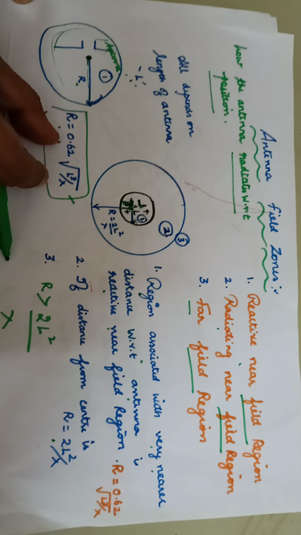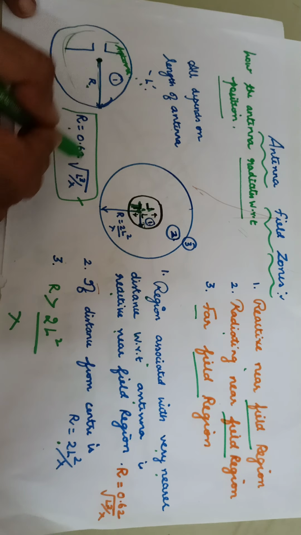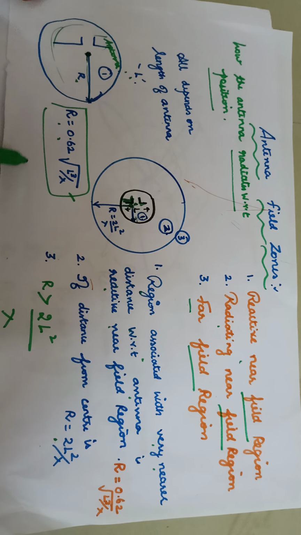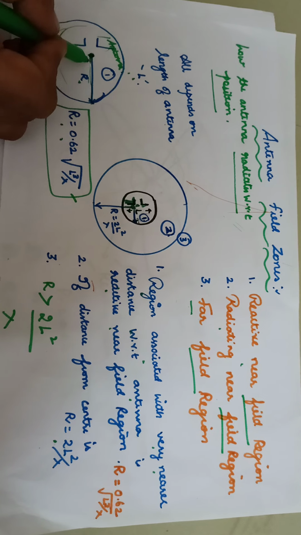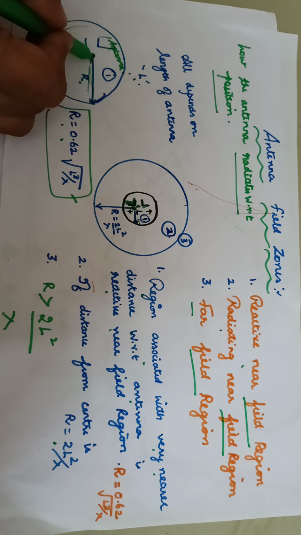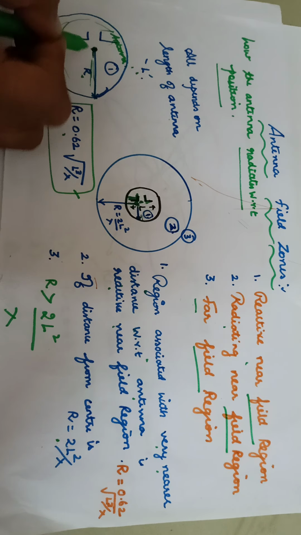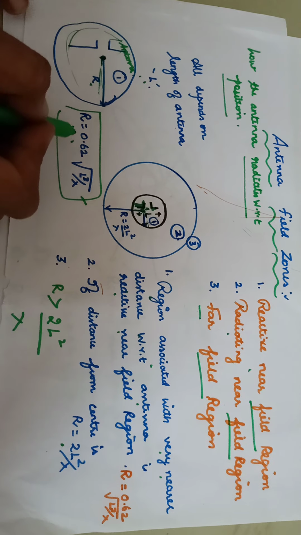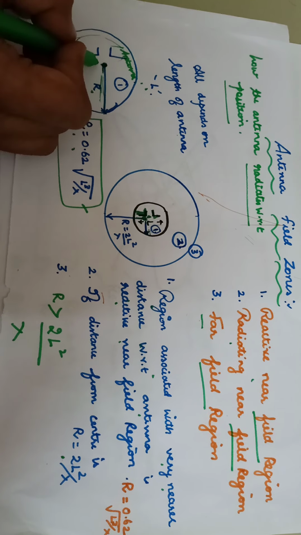For example, if L is around 8 lambda, then the calculated value, for example 2.2 meter, will be here. The region associated with this is called the reactive near field region. If R equals 0.62 root of L cube by lambda, that value corresponds to this region.